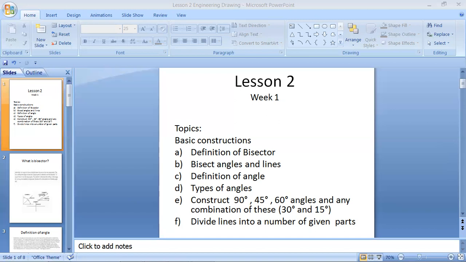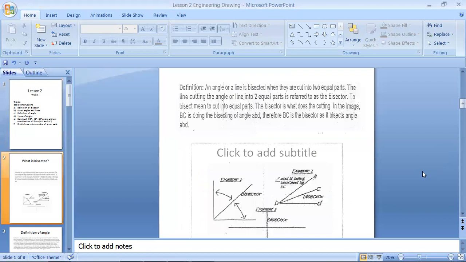Let's begin. Take a look at this information in order to understand what a bisector line is.